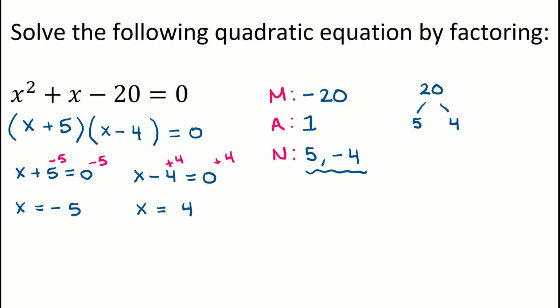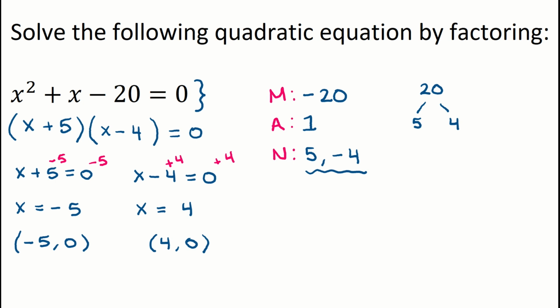Now, if you think about this, we're looking at when our quadratic equation is equal to 0. What we just found are our x-intercepts. So we know that we have an x-intercept at the point negative 5, 0, and another x-intercept at the point 4, 0. So two x-intercepts in this case, one at negative 5 and one at 4.